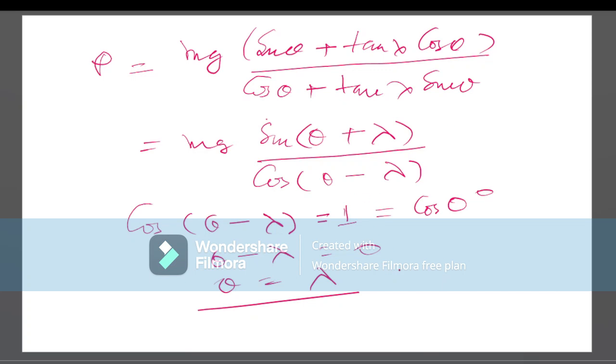Using this condition, we can write the P minimum, that is the minimum force required to pull the body up, is equal to mg sine of theta plus lambda. We will discuss the next slide about the minimum force required to push the body down the plane.